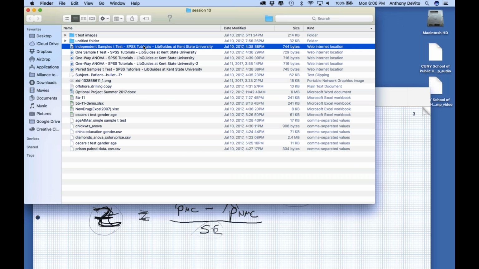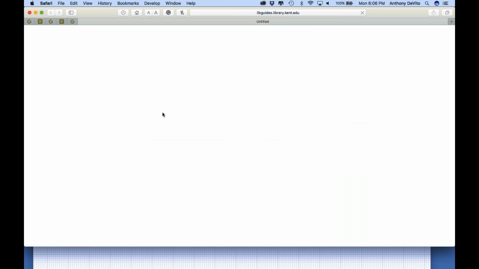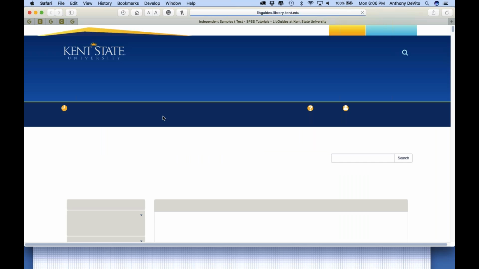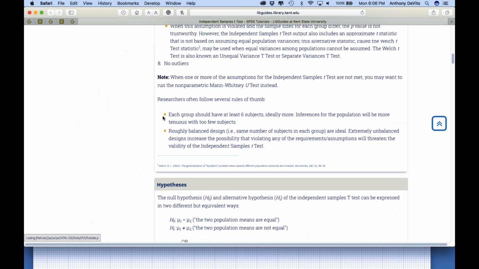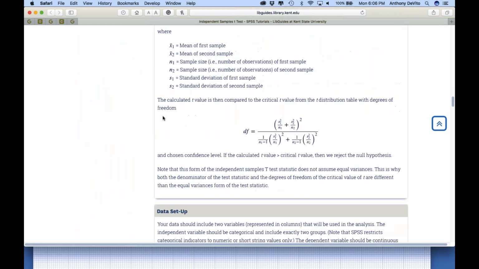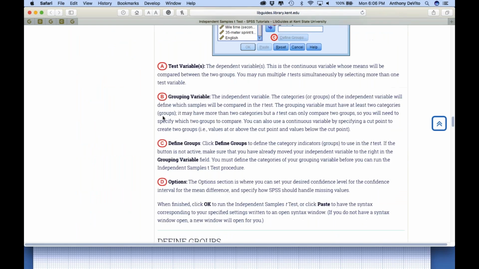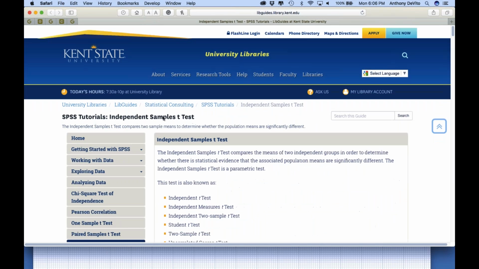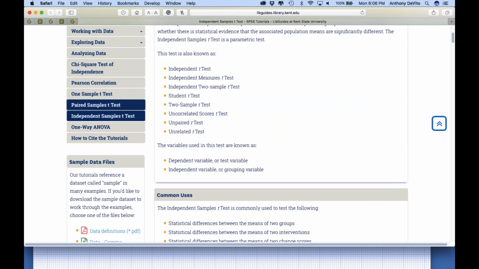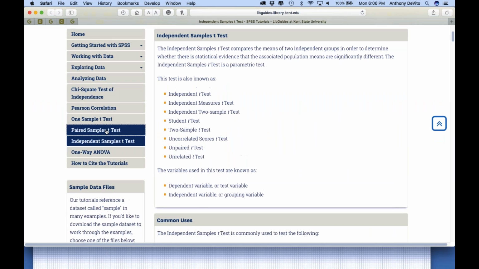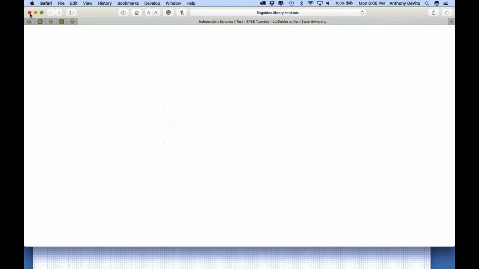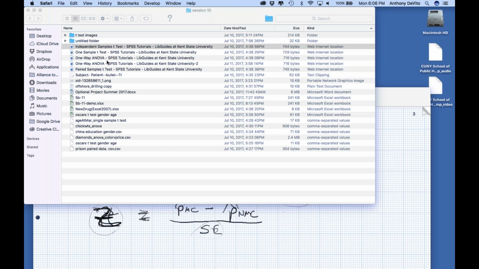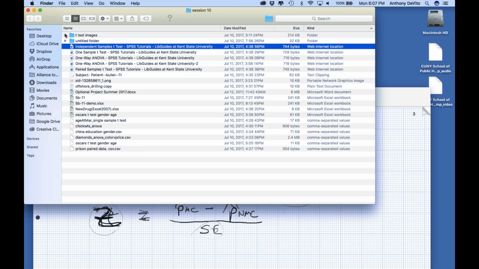See if I have it. Nope, that's not it. Well, yeah, I think I have. I can get it here on this sheet. I'm pretty sure it's going to come up here. Okay, here's our various kinds of t-tests, I believe. One sample, paired samples t-test. Nope, they don't have it here. Let me find my t-test.